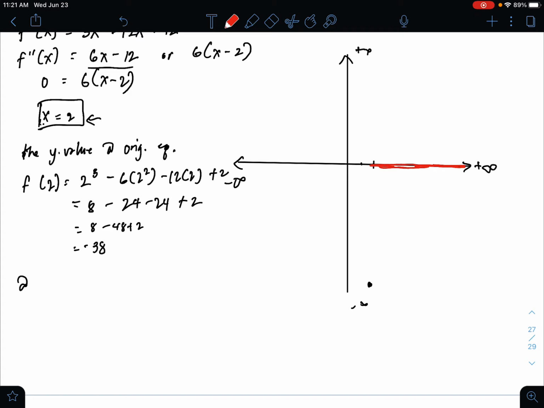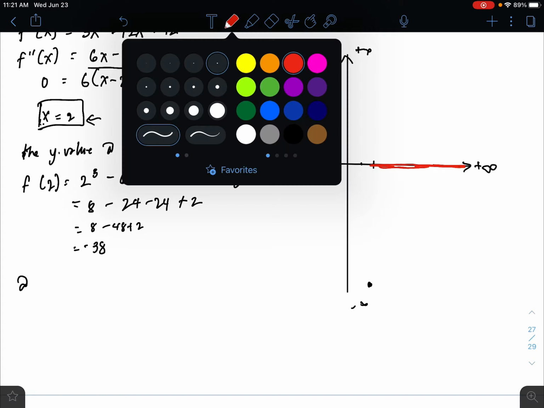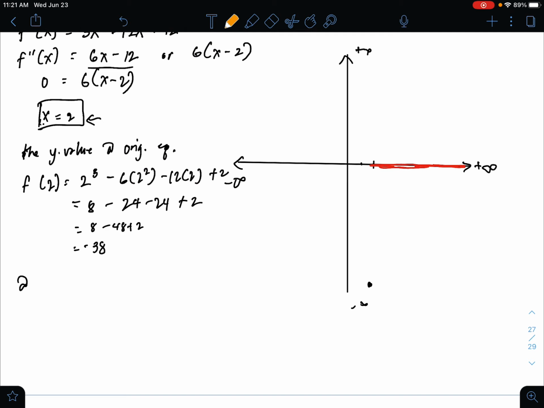So greater than 2 na siya dira, tapos ang sa left sa 2 is of course lesser than 2. Okay? So 2 na siya.